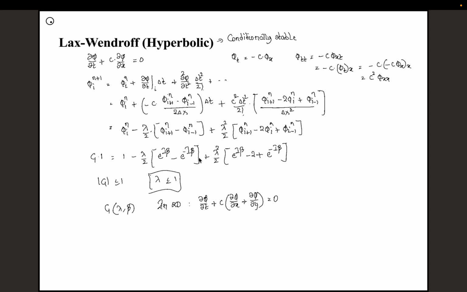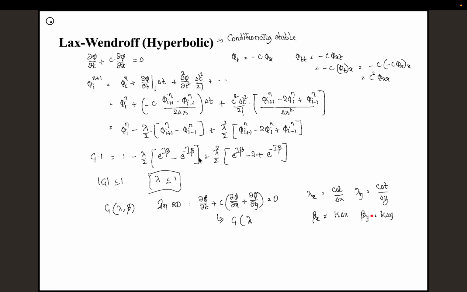Then all that would change is now the amplification factor is going to be a function of three variables. I still have my lambda, but lambda we have two different kinds. So we have lambda x, lambda y, and then we also have beta x, which is going to be some k times delta x, and beta y, which is going to be some k times delta y.